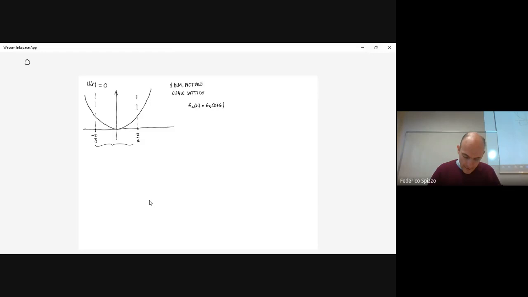If I make this translation to the right, the final point is exactly in the middle of the second Brillouin zone, the zone on my right. Due to that, I have to find the same parabola also in this zone.